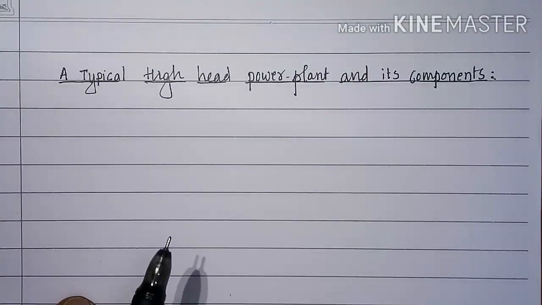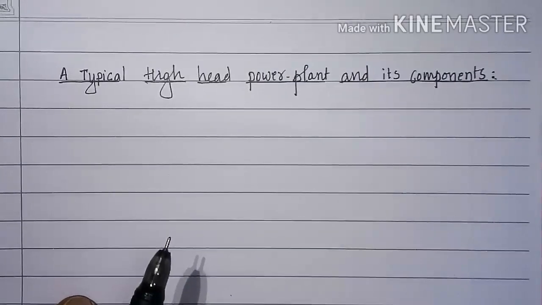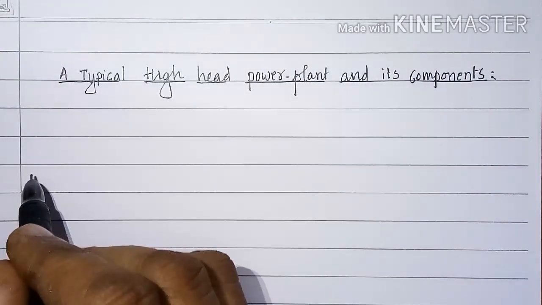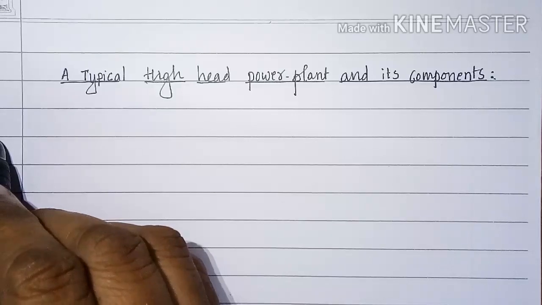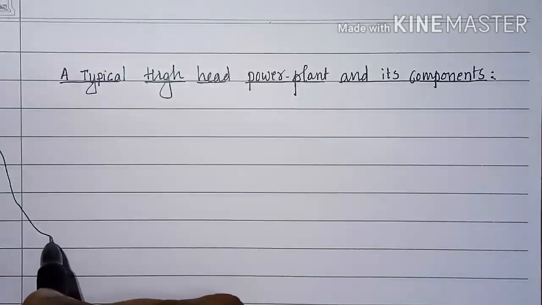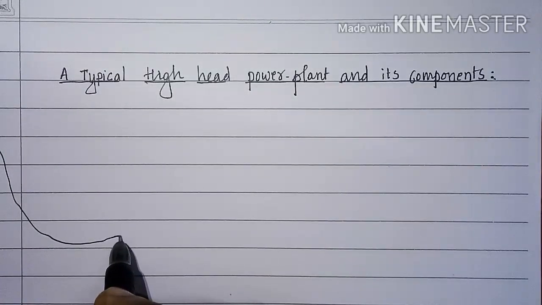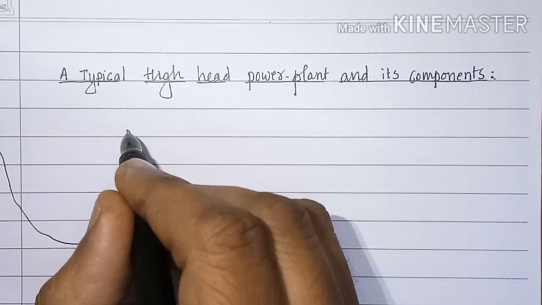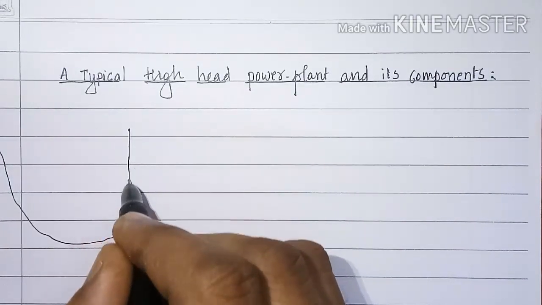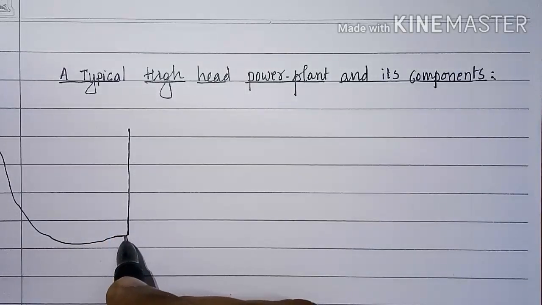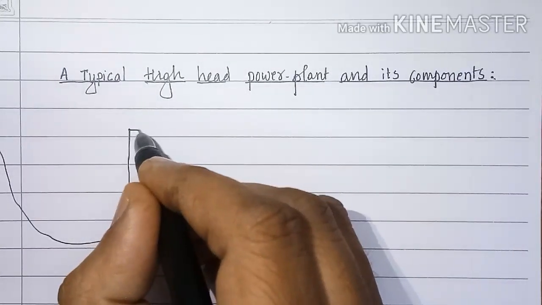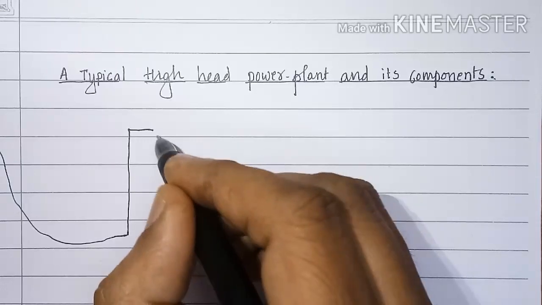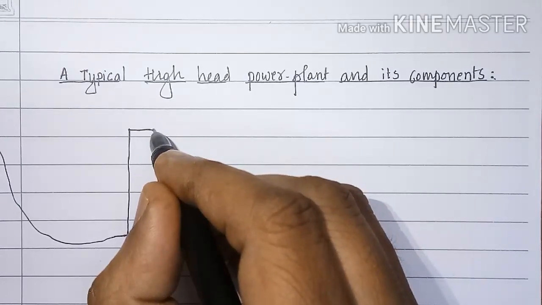First, let us see how these power plants appear. Say here is a reservoir and a dam is constructed to create a pondage.